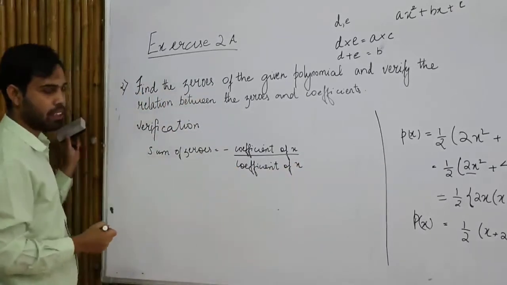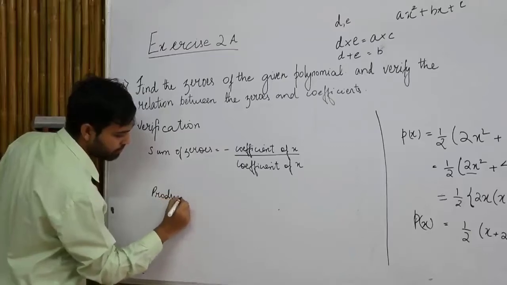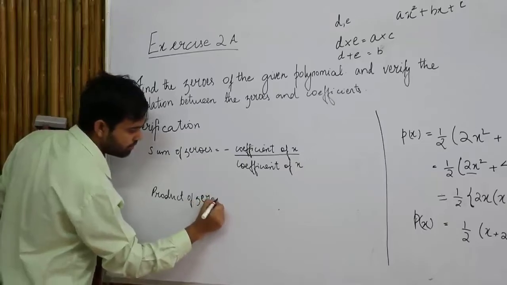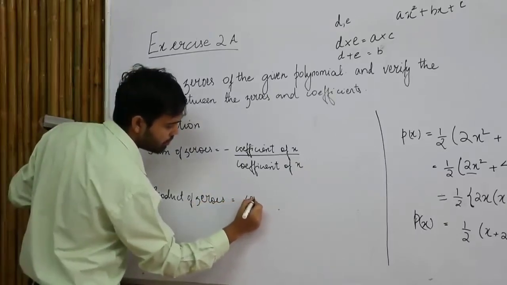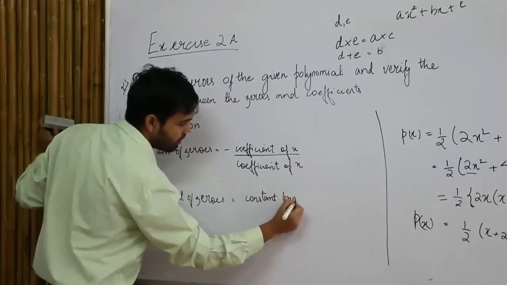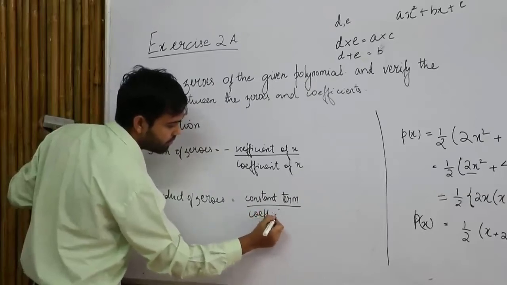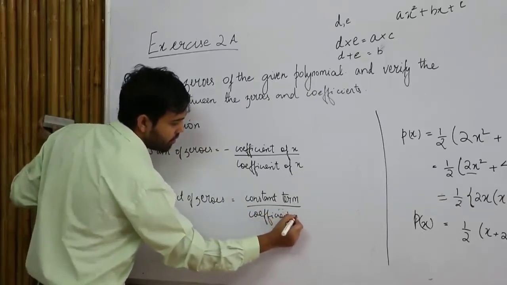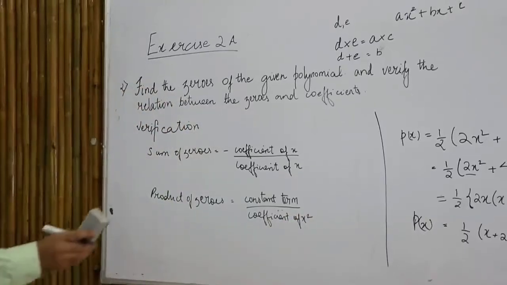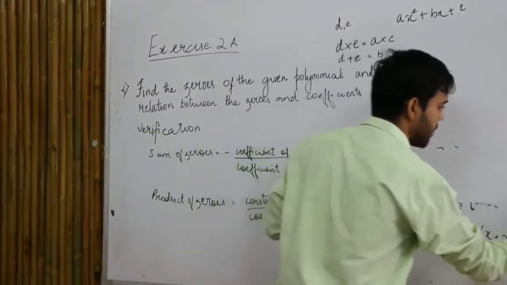This was my first relation, and the second relation was product of the zeros equal to constant term by coefficient of x squared. So these are the two relations given to me. Now let us see if these relations hold or not.